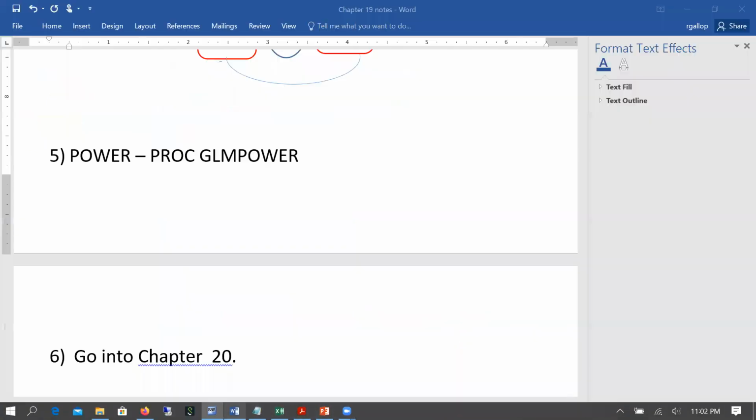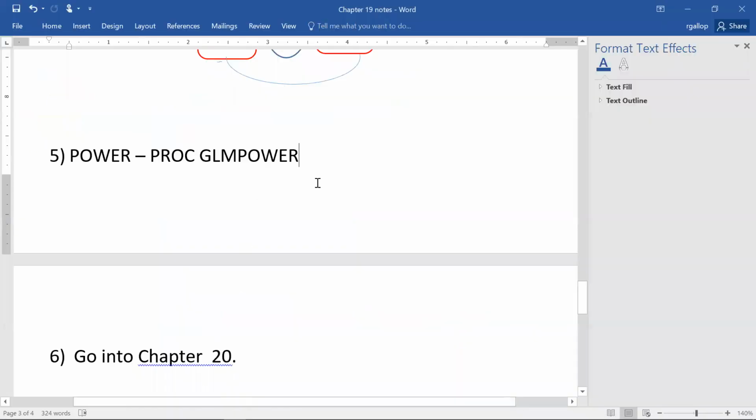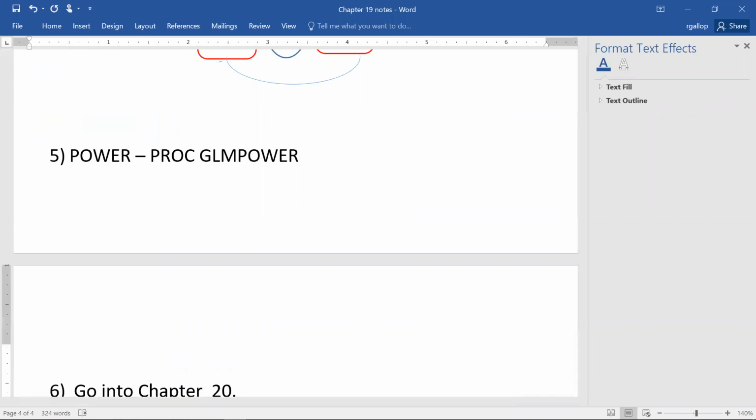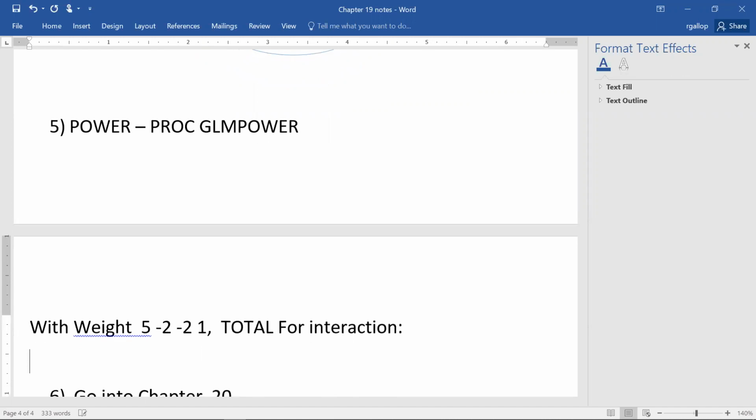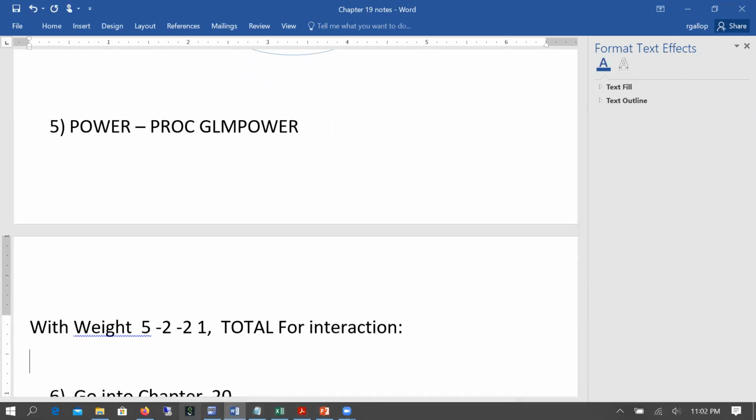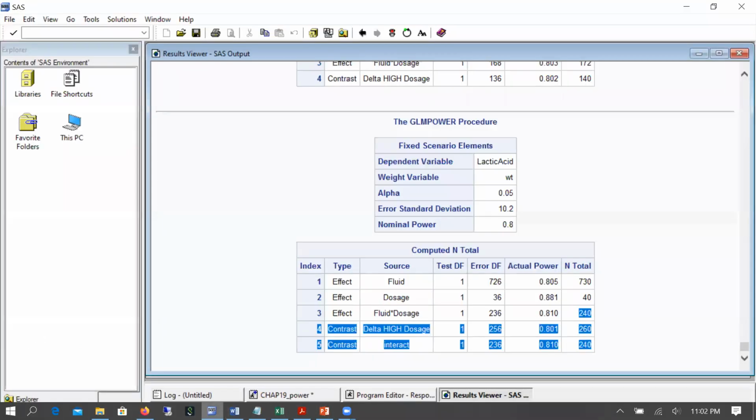So I'm going to go back to this Word document. So with weights, right? The 5, 2, 2, 1. The total for the interaction, as we just saw in SAS, ended up being 240.